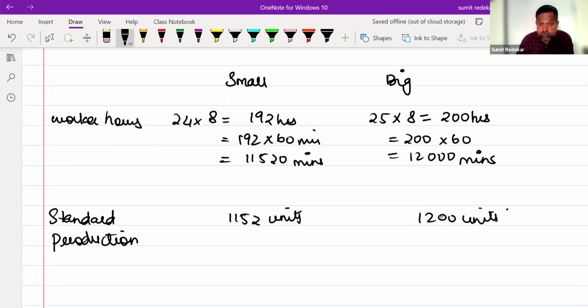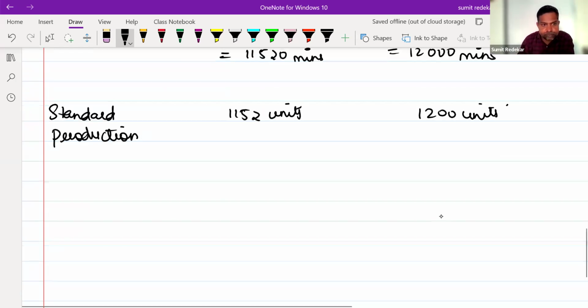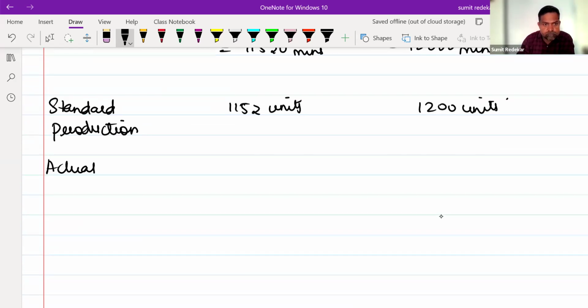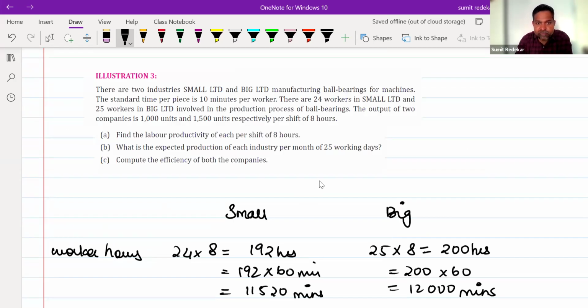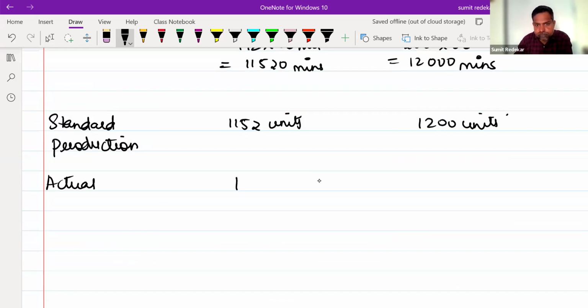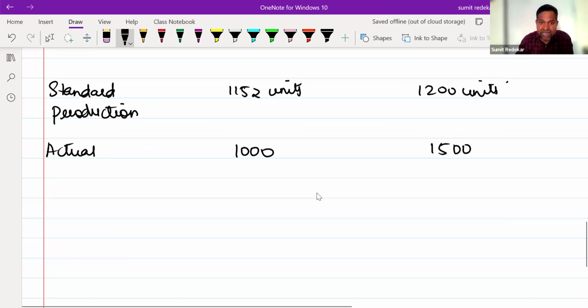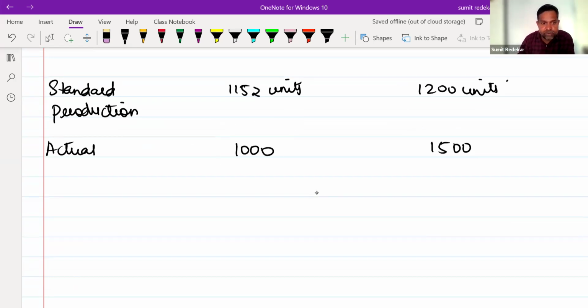What are they actually producing? Actual production is 1000 and 1500. Can I say B is doing very well, A is doing badly because the actual is lesser than the standard.